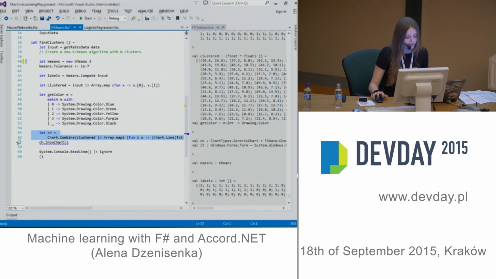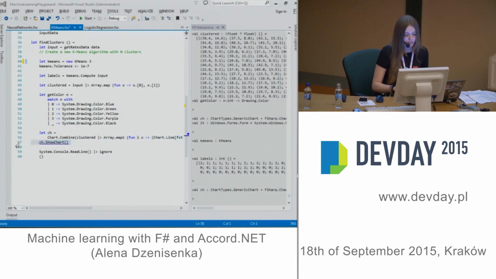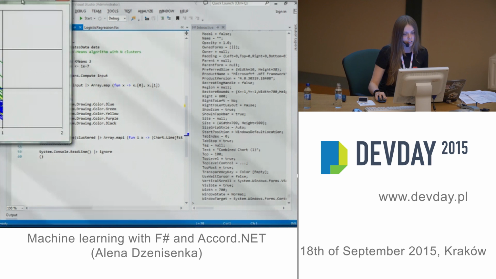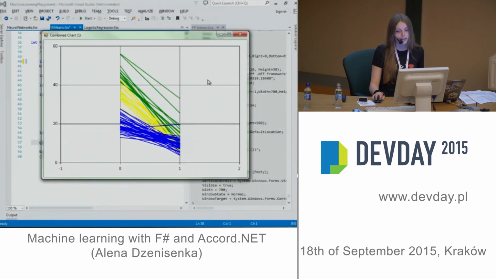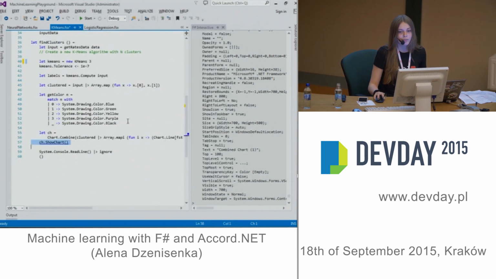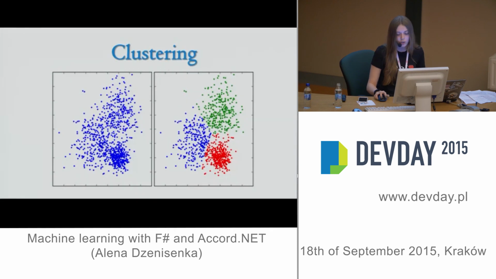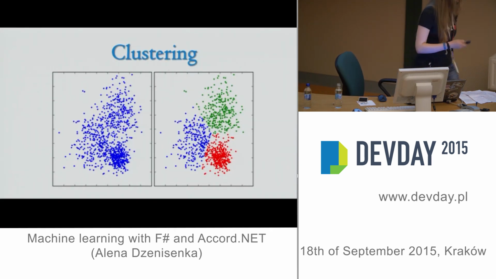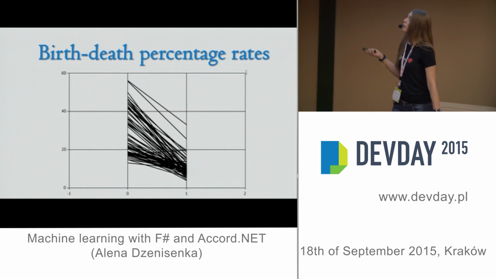And now it should be displayed with 3 clusters. Like here. So that is about the clustering algorithm. You can use it if you are not really sure what exactly you should find out about the data, if you just want to group it somehow.